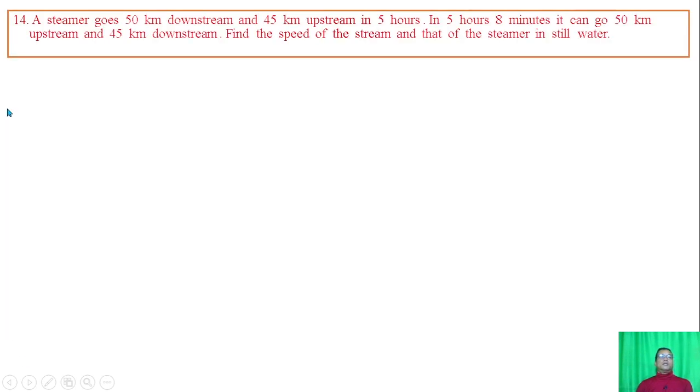Question number 14: A steamer goes 50 km downstream and 45 km upstream in 5 hours. In 5 hours 8 minutes it can go 50 km upstream and 45 km downstream.